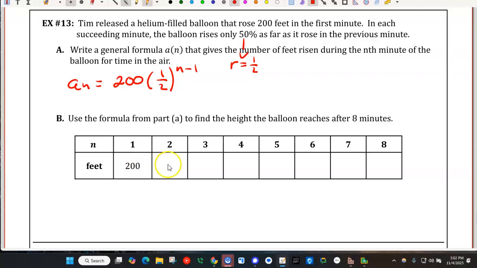So for the second minute, what would it be? If our ratio is 1/2, what are we doing? 100. Yeah. And then 50. Then, all right, and then 12.5. Good.